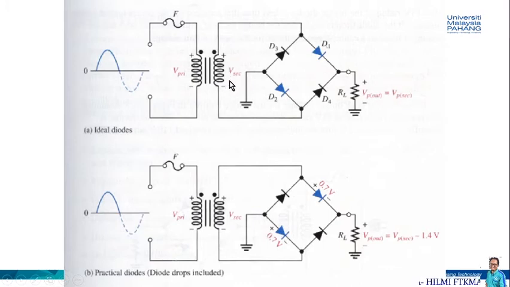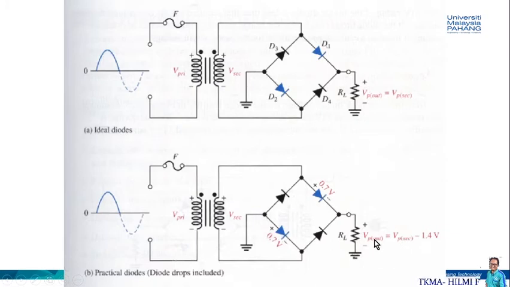But for practical diodes, considering the diode drops, we have two diodes, each with an offset voltage of 0.7 volt, meaning we have double the offset voltage. The peak output voltage is going to be less than the peak secondary voltage. And how much less?